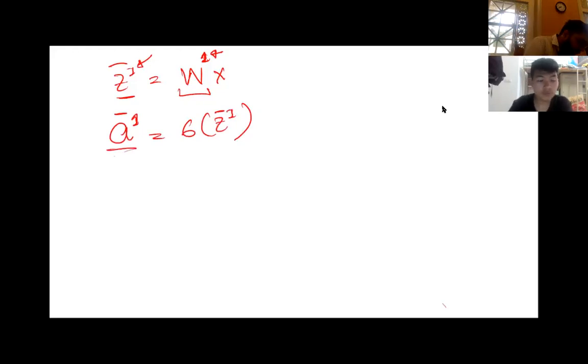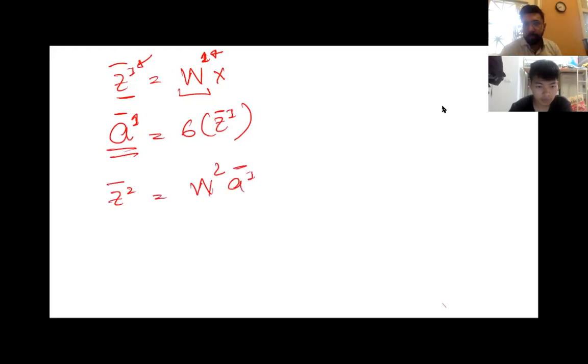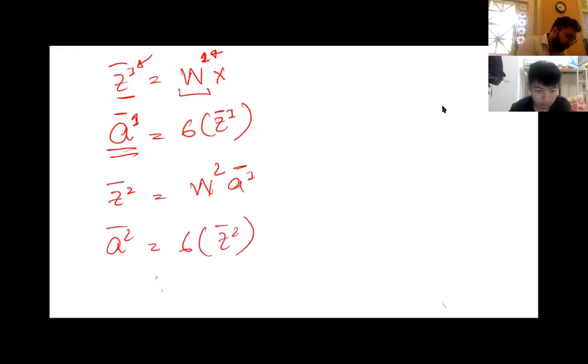Then this A is the input of the second layer, right? So the linear combination of the inputs of the second layer would be W2 times A1, right? And after the activation, the output of the second layer would be sigmoid of Z2, and so on. You can repeat it, you can write it for as many layers as you want.